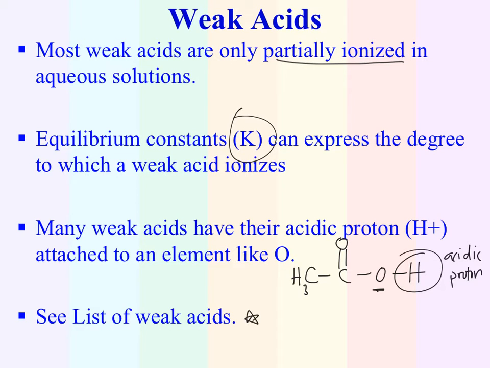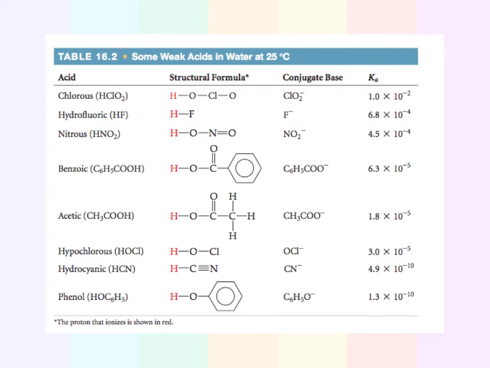Now, we do have a list of weak acids that we're going to look at on this next slide. You should become familiar with a good portion of them. The neat thing about the weak acids list is that we don't actually need to memorize these, because if your acid is not one of the strong ones that you're supposed to know, it's most likely going to be a weak acid.